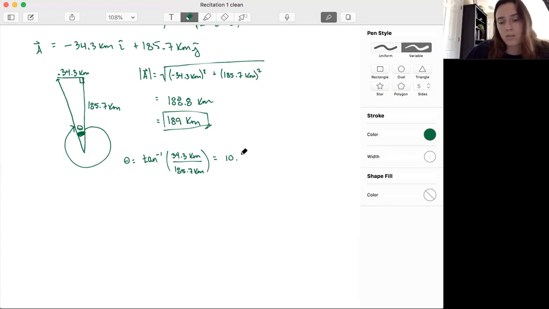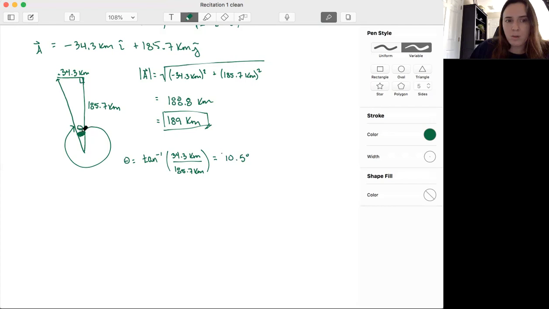So we'll round to 10.5 degrees. So that's this little angle here. If you were to punch it in with a negative 34.3 over 185.7, you would get negative 10.5 degrees.